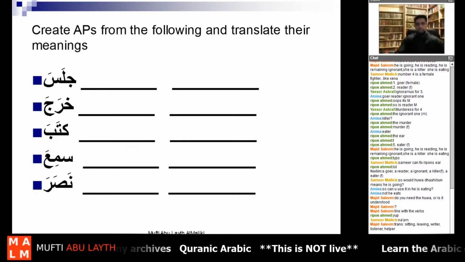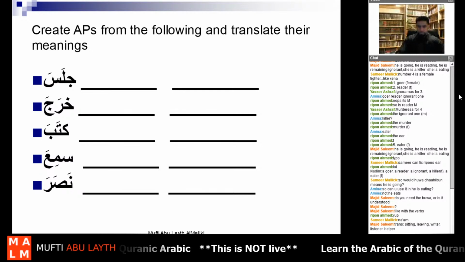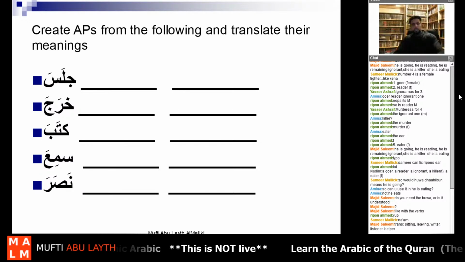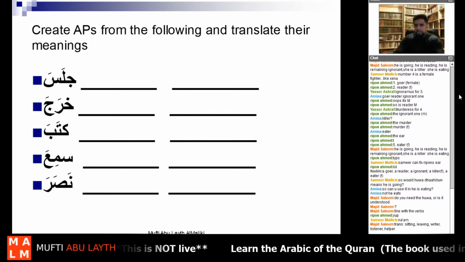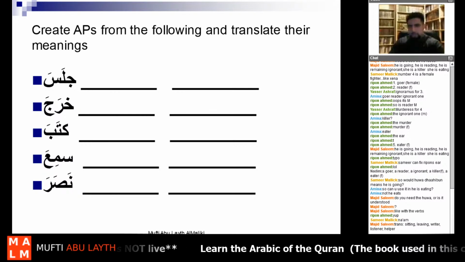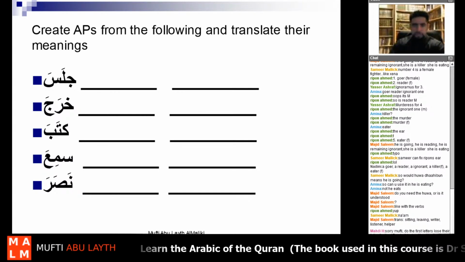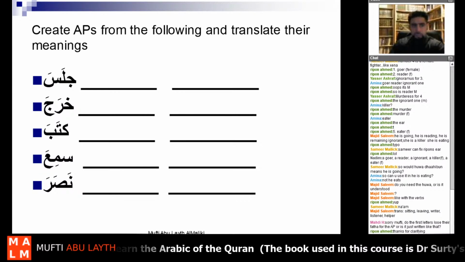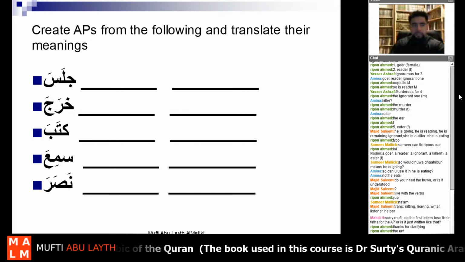So it hasn't lost anything. That's just me not writing all the vowels, because I'm anticipating that you're all aware that it does have a fatha. So this does still read as jalasa, kharaja, kataba, sami'a, nasara.